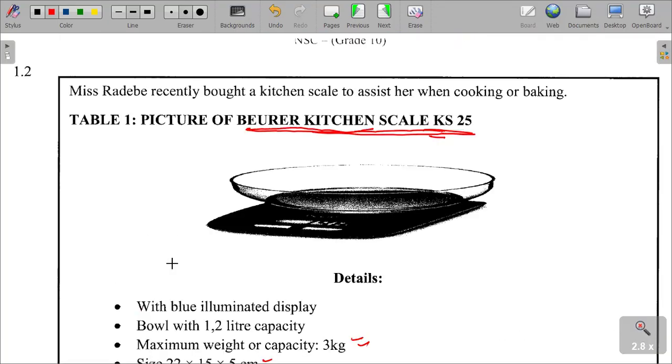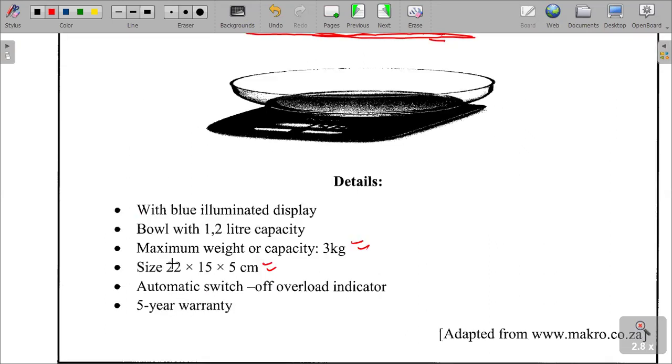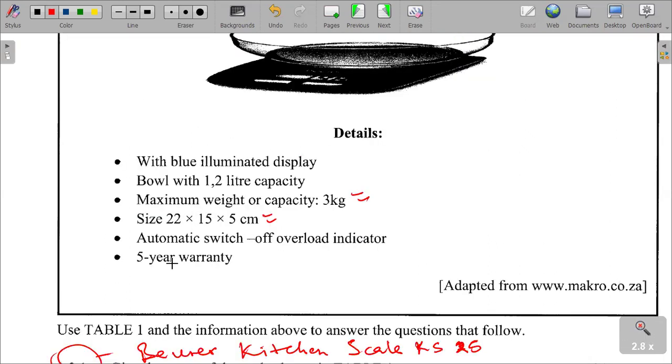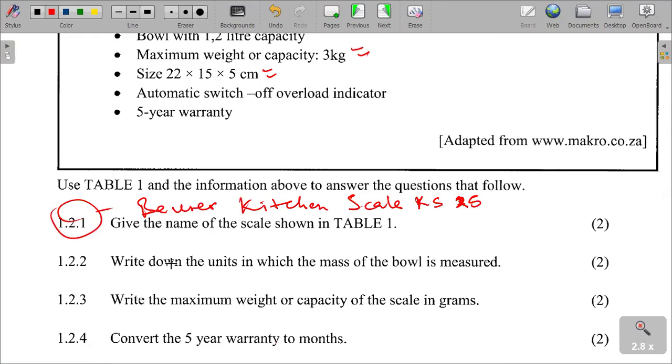This is measured in grams. The unit in which the mass of the bowl is measured is grams. The bowl obviously should be measured in grams, class. It is measured in grams.